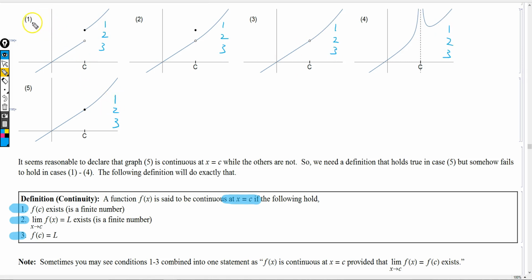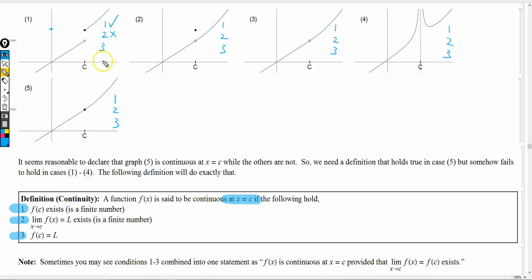Alright, so for the first graph here, it does look like f of c is satisfied. It exists. Number 1 is satisfied. F of c would be whatever that number right there is on the y-axis. So number 1 is satisfied. Number 2, the limit as x approaches c of f of x, that does not exist.